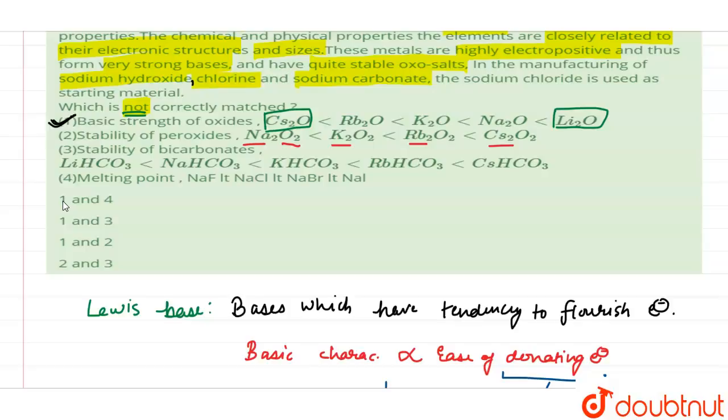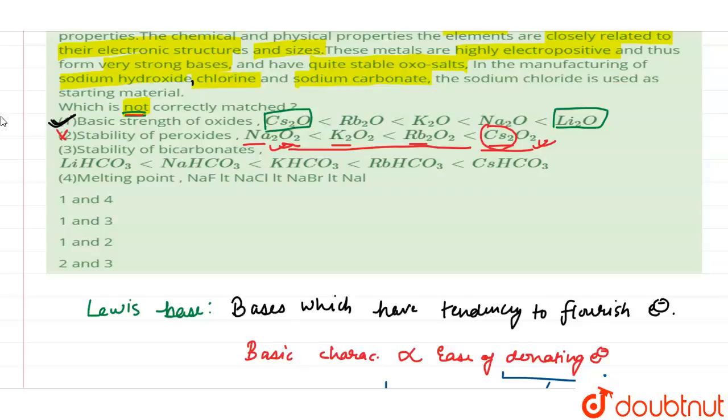Therefore, when it forms a compound with a large cation, the compound would be more stable. Therefore, Cs2O2 would be the most stable and Na2O2 would be the least stable. Therefore, this order given in this option is correct, and therefore this cannot be our answer according to the question.